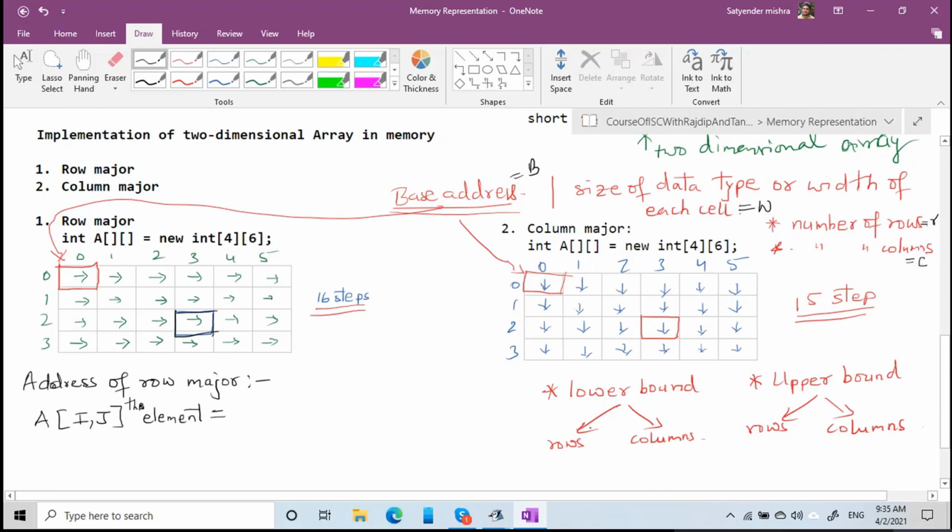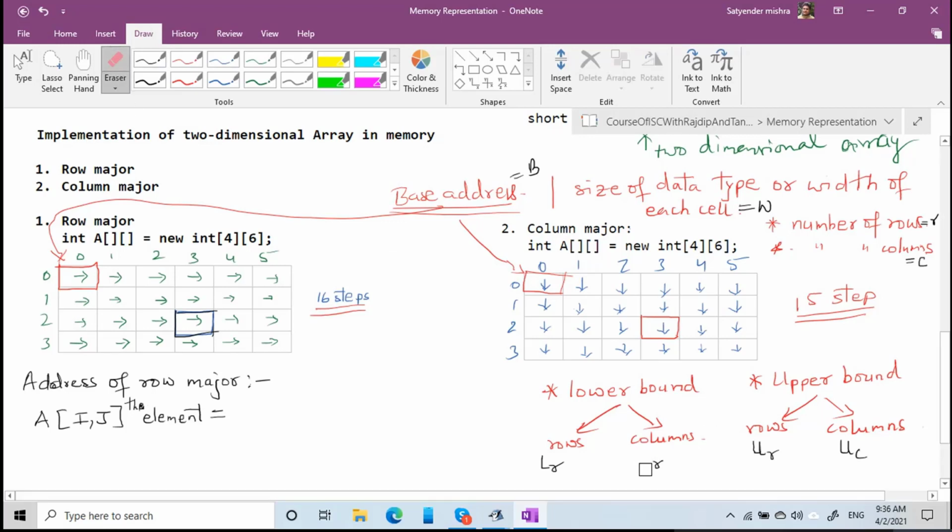And we have the upper bound and lower bound. Say the lower bound of row is called LR and the lower bound of column is called LC. The upper bound of the rows is called UR and the upper bound of the column is UC. Let me put it here LR, not CR.